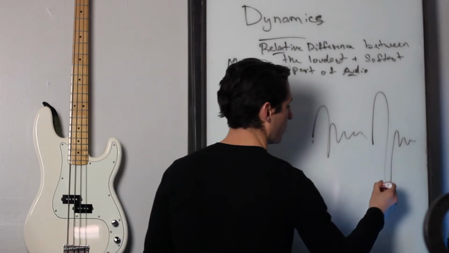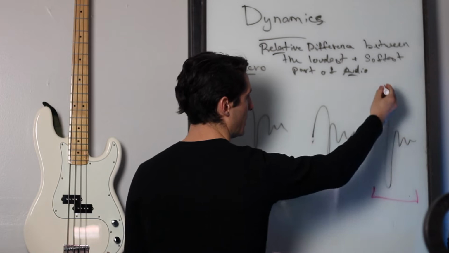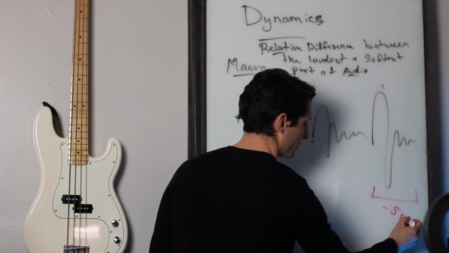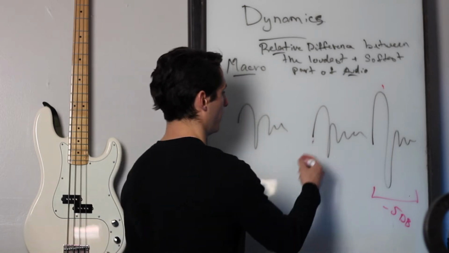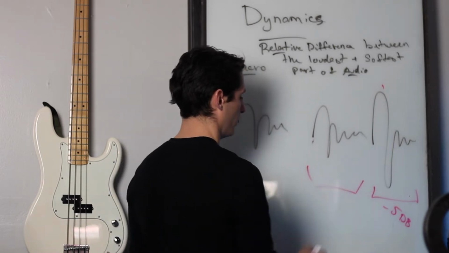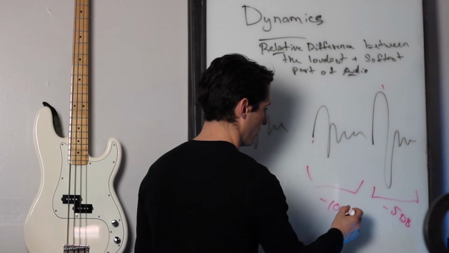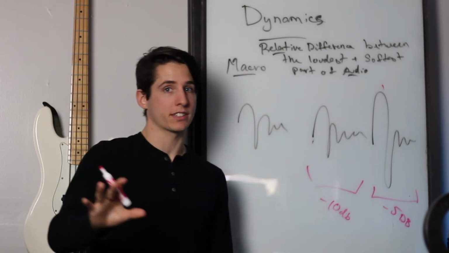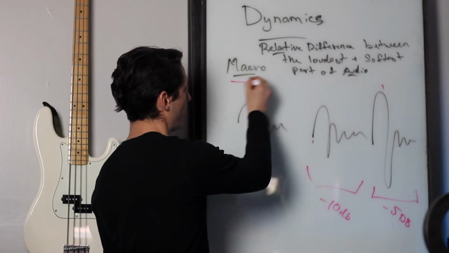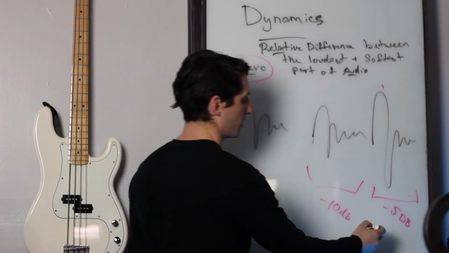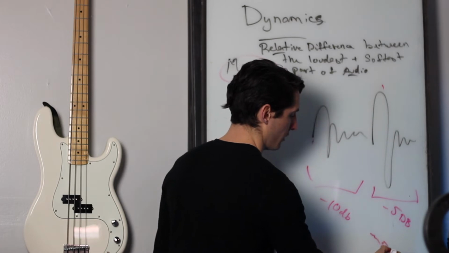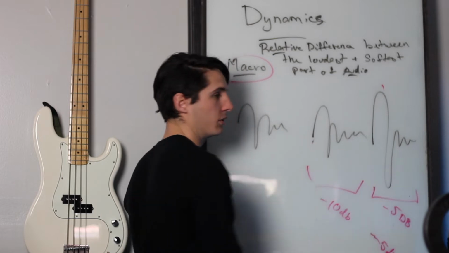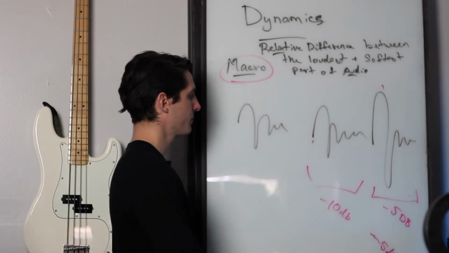Say the peak of this note here is -5 decibels. And then the peak of this note here is -10 decibels. So the macrodynamics we have here is approximately 5 decibels, because that's the difference between the quietest note and the loudest note of this particular take.